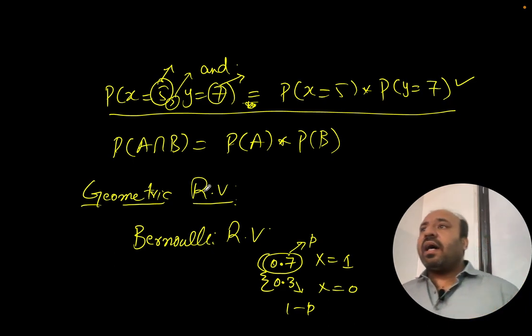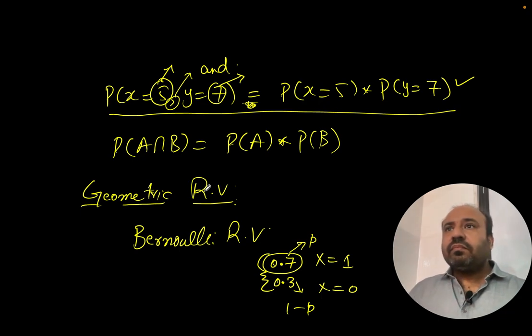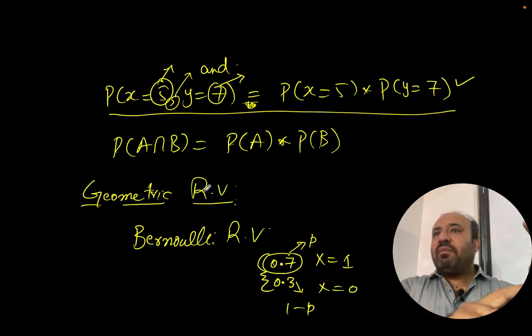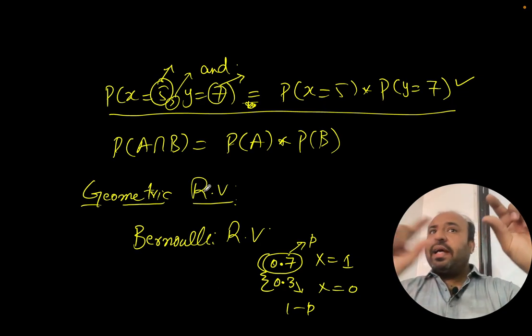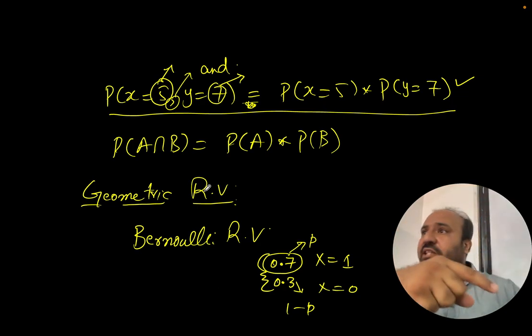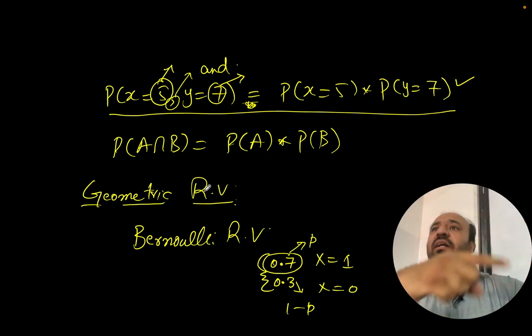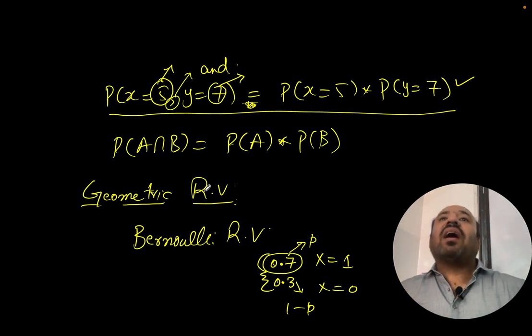Now one thing that I want to differentiate here: when you do an experiment inside an experiment, for example, you are doing a Bernoulli experiment so many times and that whole thing becomes one geometric experiment, the inner experiment is sometimes called a trial.